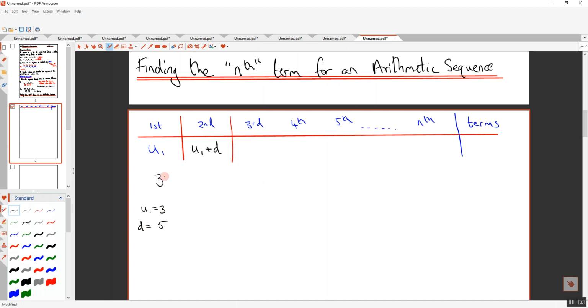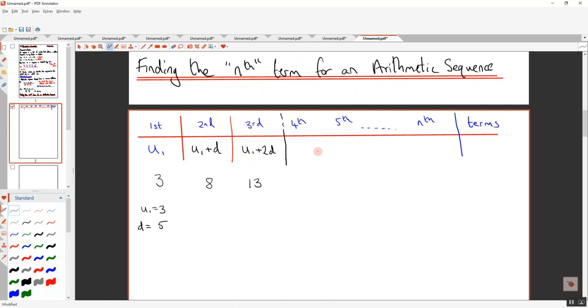So to get the next term, we do 3 plus 5 is 8. What would the third term be? It would be 13, so how are we getting that in terms of our general formula? We're adding on another d, so how many d's are we adding on? 2d, right, so u1 plus 2d.